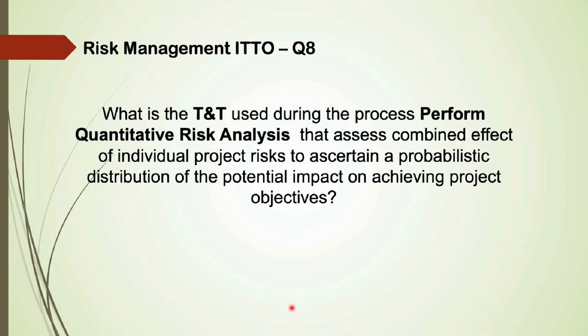Question 8. What is the tool and technique used during the process Perform Quantitative Risk Analysis that assesses the combined effect of individual project risks to ascertain a probabilistic distribution of the potential impact of the risk on achieving project objectives?